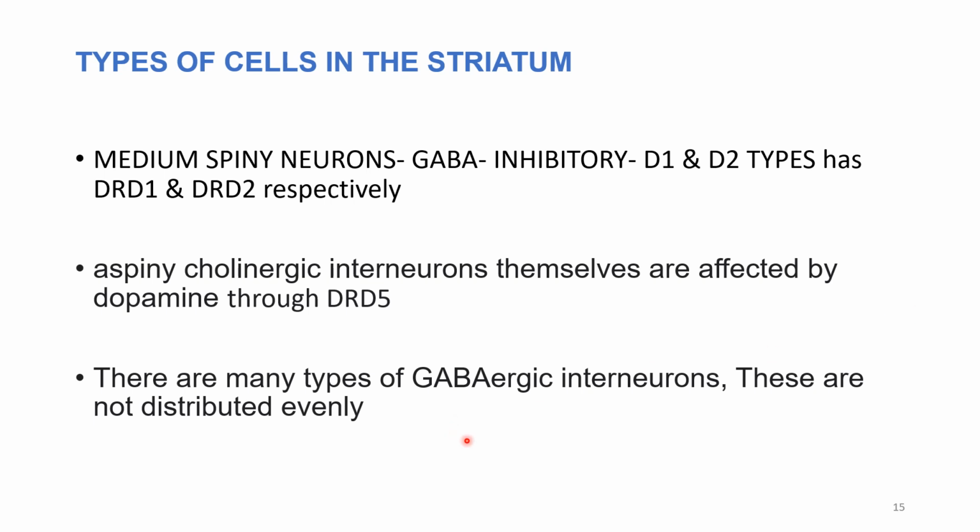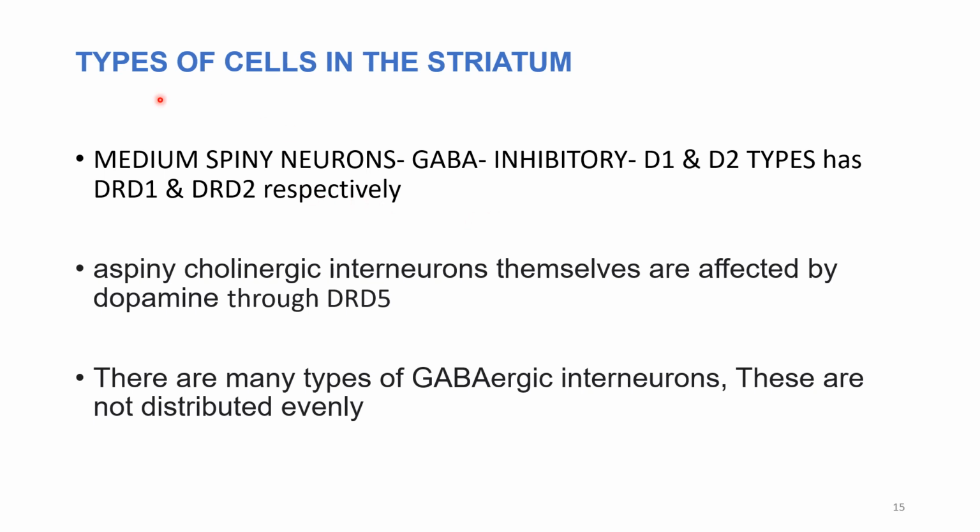Then coming to the types of cells in the striatum. What are the types of cells which are present in the striatum? They are medium spiny neurons, which release GABA, an inhibitory neurotransmitter. The D1 and D2 types have DR1 and DR2 receptors respectively.